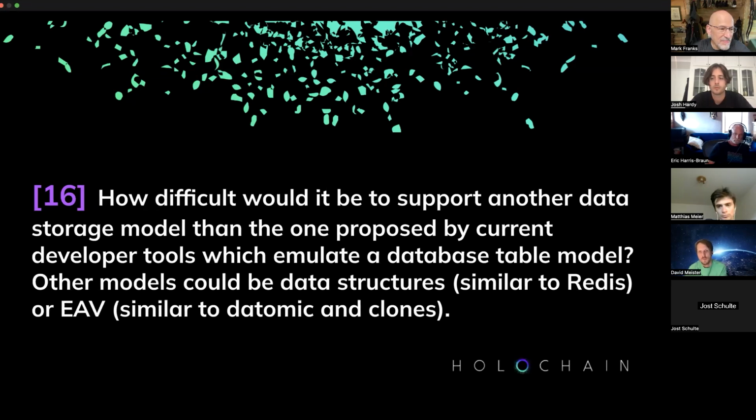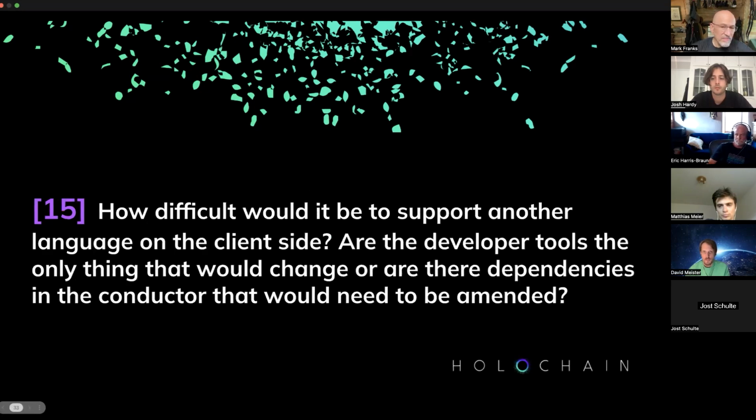Yeah, so this question, because it just says developer tools, I wasn't totally sure if it was talking about the clients or the actual Holochain conductor backend. There is a SQLite database inside Holochain, and we had an EAV system previously in the past, actually.